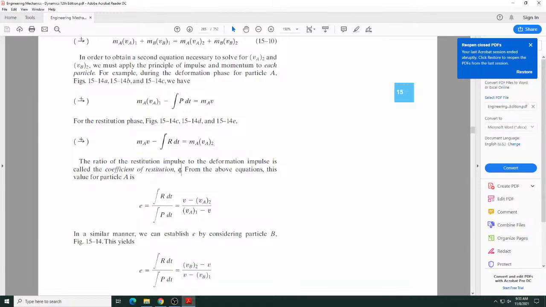It turns out that this value can vary between 0 and 1. 1 being perfectly elastic, meaning the trains bounced off each other and didn't deform at all, which is possible, and the other being 0, in which they compressed together and stuck together. And obviously the trains that we just saw did not do that. And then he defines this coefficient of restitution as the integral of R over the integral of P.